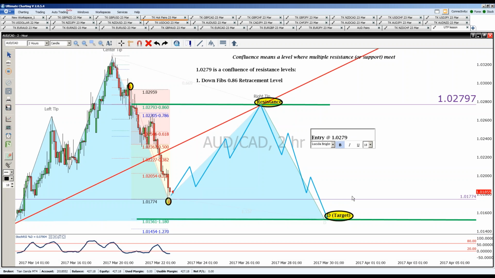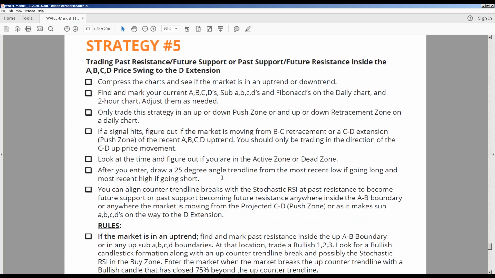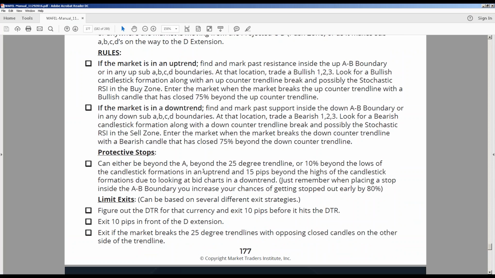My stop is going to be 10% of the daily trading range above the A. Let's go and consult the manual quickly. Stops can either be beyond the A, beyond a 25-degree trend line, and 10% beyond the lows of the candlestick formations in an uptrend, and 15 pips beyond the highs of the candlestick formation.